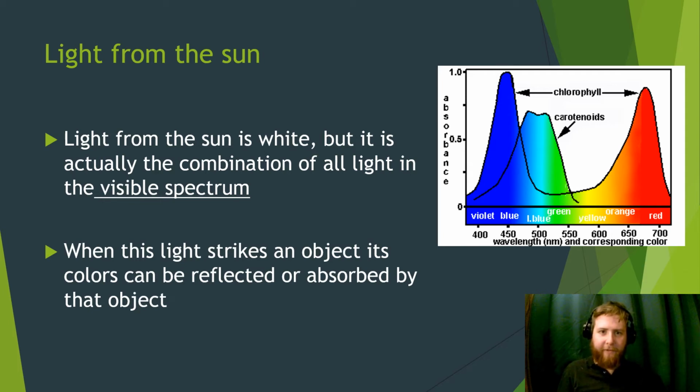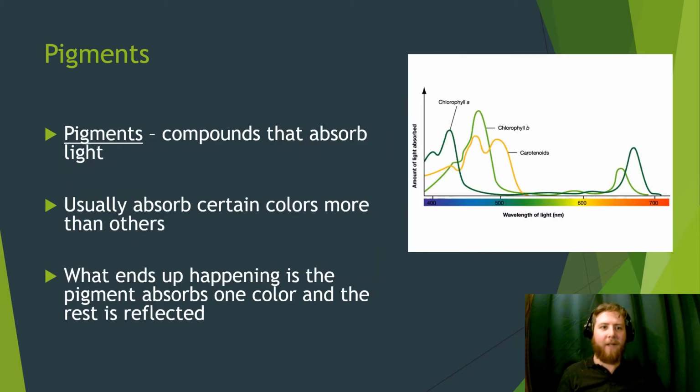These chlorophylls are absorbing all the blue and all the red, and all that's left over is this green in the middle here. So a pigment is any compound that absorbs light, and it usually absorbs certain colors more than others. So it'll absorb all of one color and reflect the rest of it.